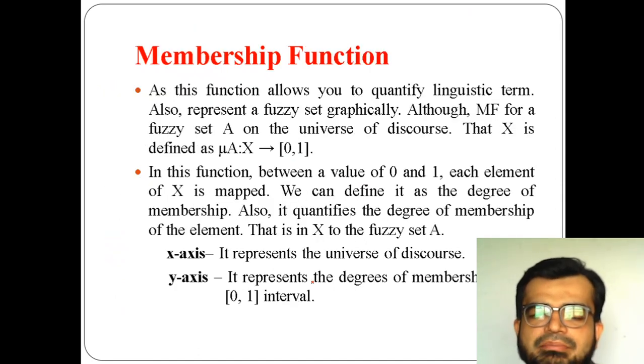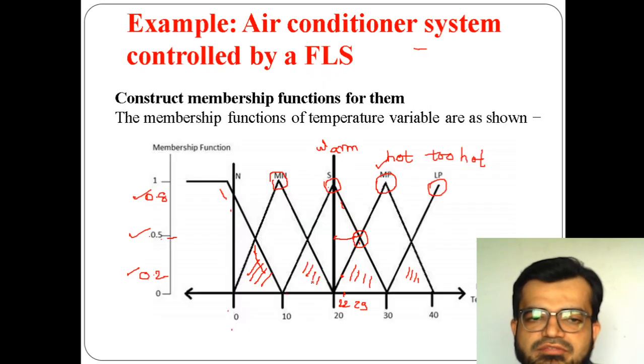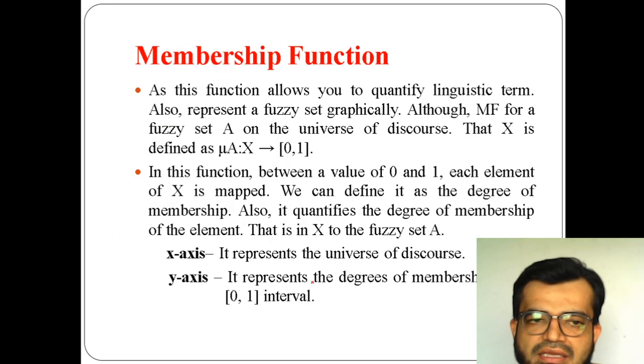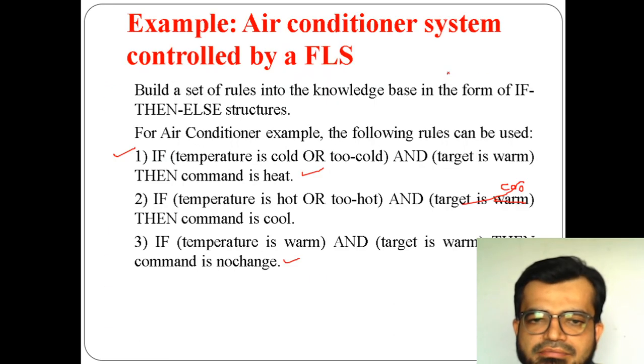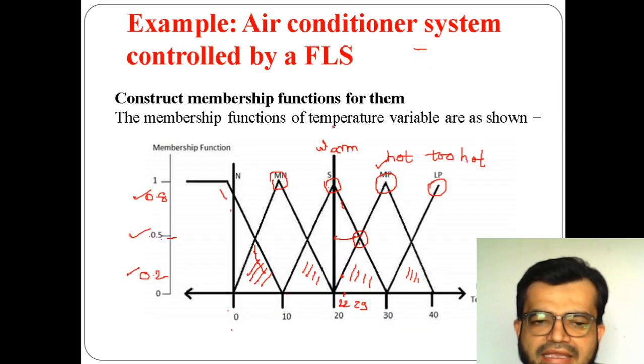Now going back to the membership function, as I already said, on the x axis we have taken temperature and on the y axis we have taken a value between 0 and 1. So the same thing again, I am discussing the membership function. Whatever linguistic terms we have taken, here like n, mn, s, mp, lp, you can make them hot, too hot, warm, cool, too cool.